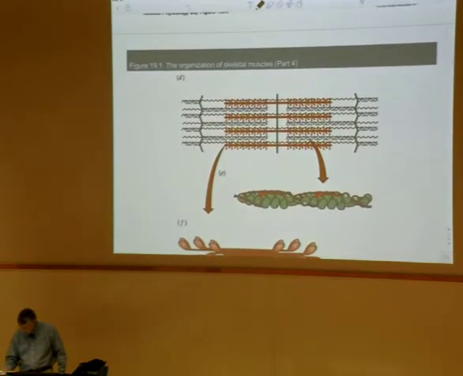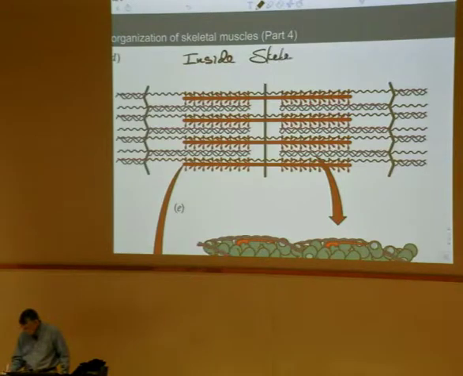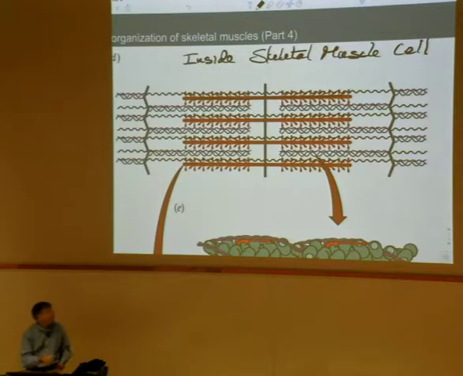If we looked at the inside of a skeletal muscle cell, we'd see an arrangement like this, in which we've got all these myosins here. So the reds here are myosins, and you can see all the little heads sticking out. And I want you particularly to notice that they're oriented in different directions.